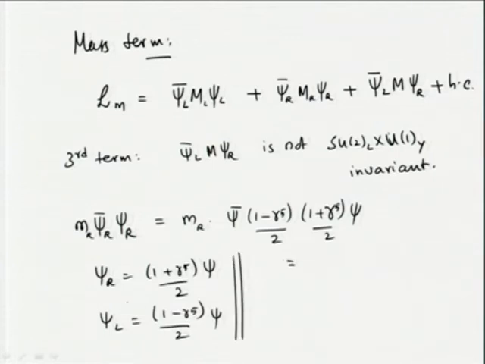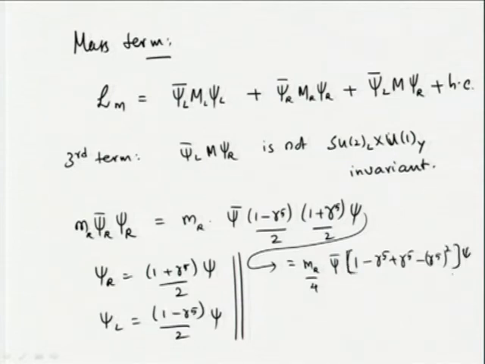So, this is equal to M_R by 4 psi bar (1 minus gamma 5 plus gamma 5 minus gamma 5 squared) psi. Gamma 5 squared is equal to 1. That makes this psi R bar psi R equal to 0 for any psi. This is equal to 0. So, we cannot have a term like this possible.